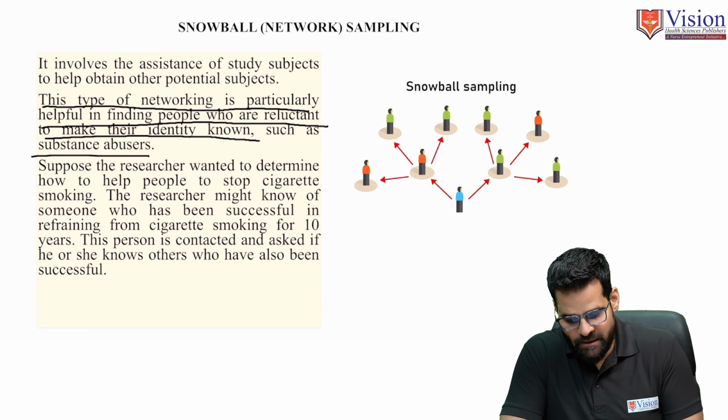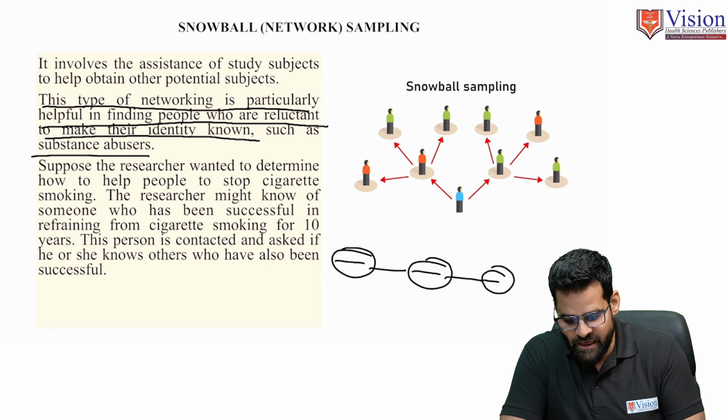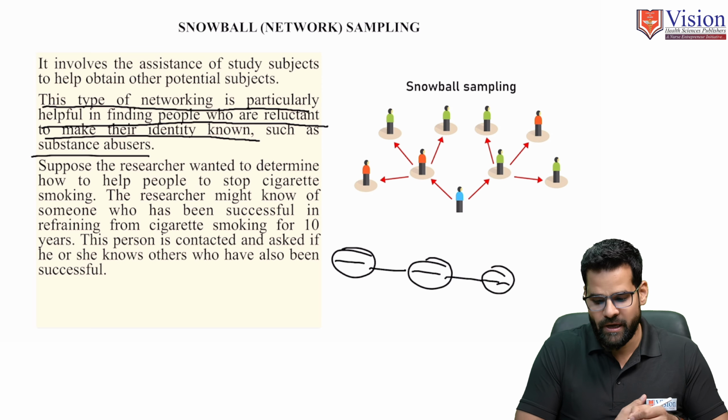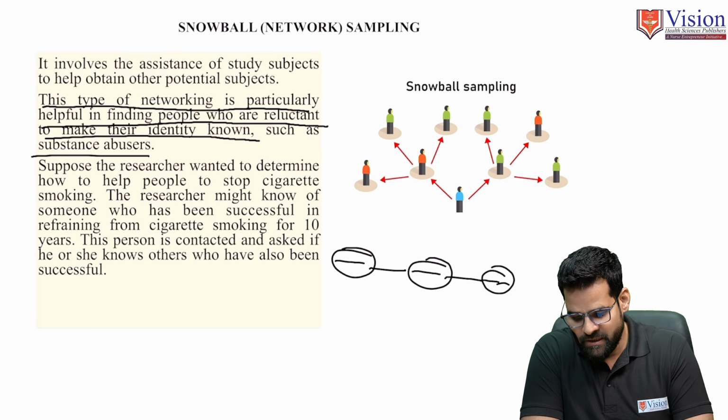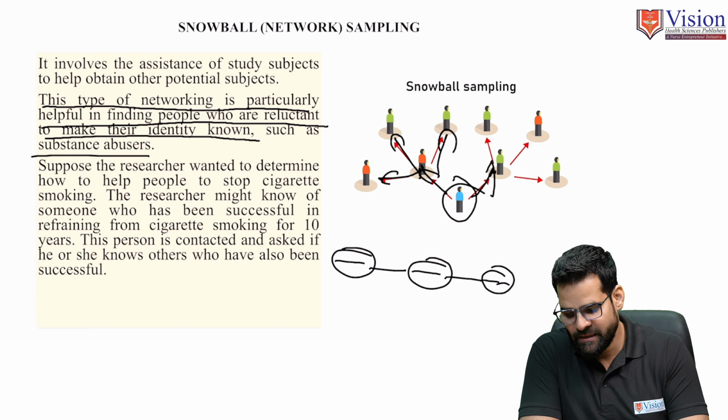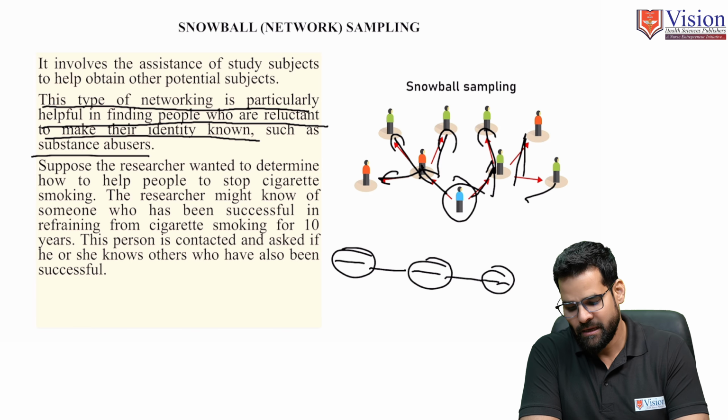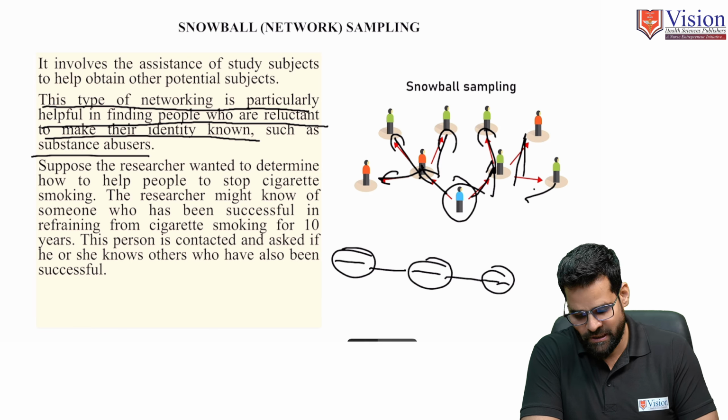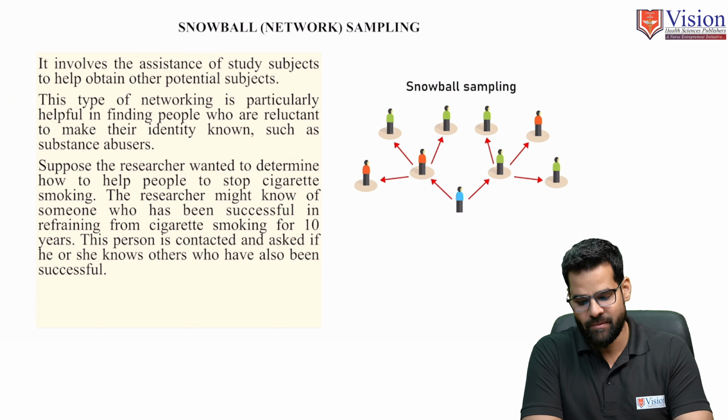Subject 1 will give a reference of subject 2, then he will give a reference of subject 3, like that I can select. Here subject 1 has given me 2 references, then the second subject has given me 3 references again. That kind of sampling is known as snowball sampling, or remember, reference sampling.